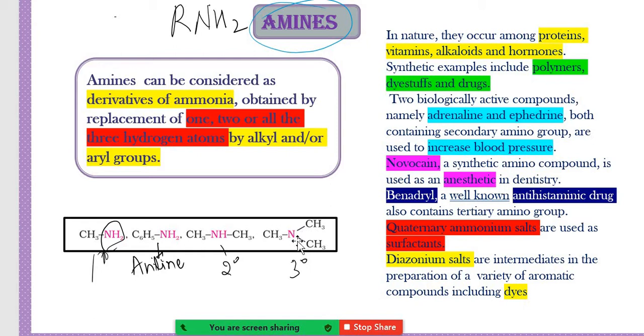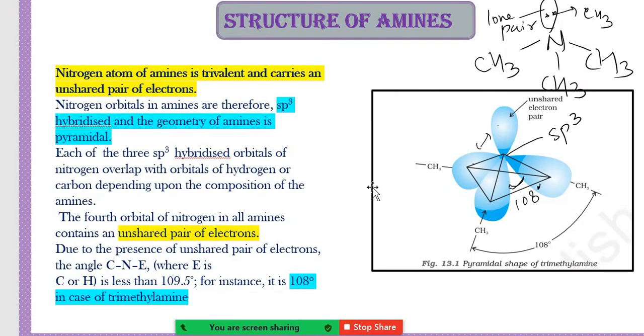So when we write it as N, it means there are 3 R groups attached to it. And how they are made, if you see the structure, we have done ammonia, NH3, in the chemical bonding chapter.